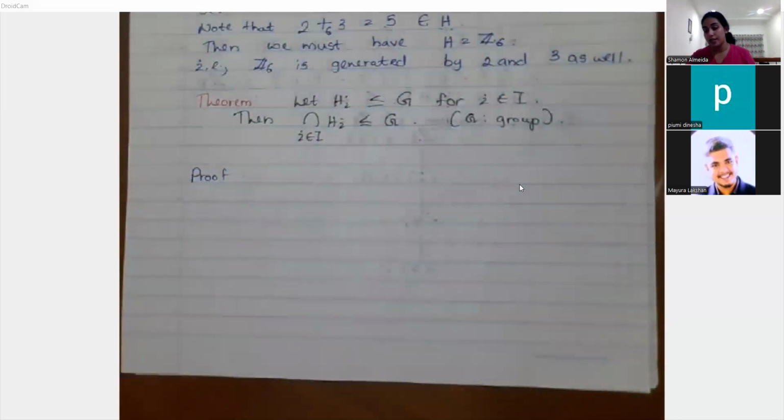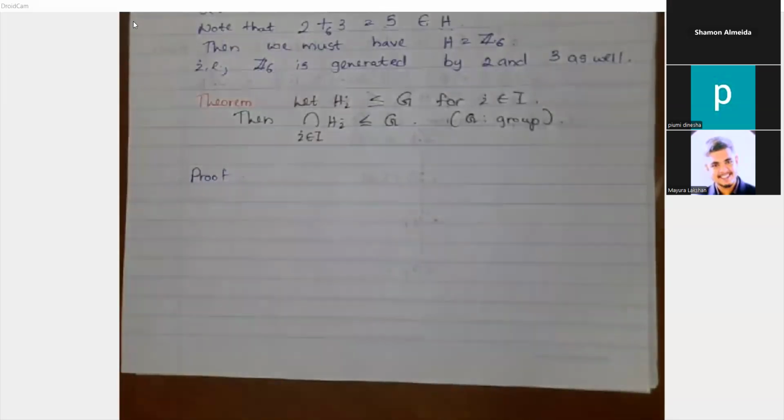Now to prove that this is a subgroup of the group G, we will use the subgroup criterion. First of all, we have to show that the intersection itself is not empty. How do we do that? Why is it not empty? Identity is there. Yes, very good.